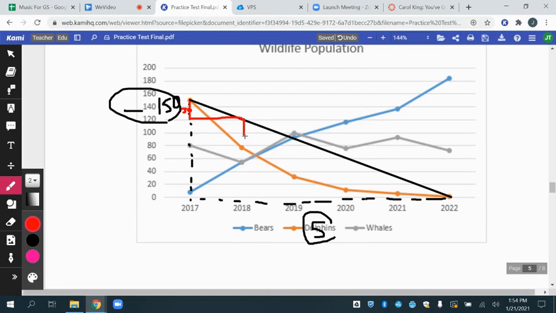And then the next year, we drop from 120 down to about 90. That's 30 more. So each year, on average, they're losing 30. In real life, they're losing a lot more than 30 the first year. But when we average it out over the whole 5 years, they lose about 30 each year. And that is what we're talking about. Okay, moving on to the next one.